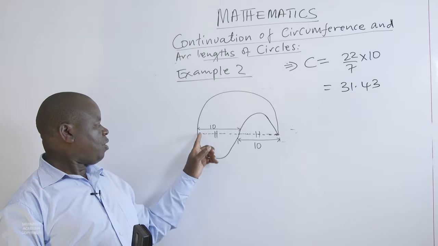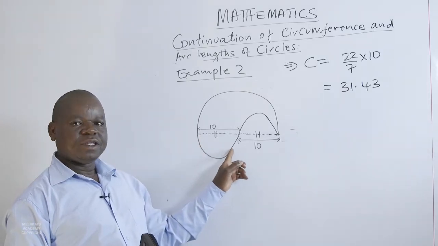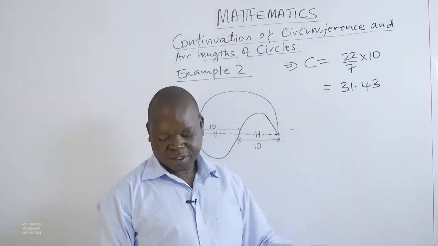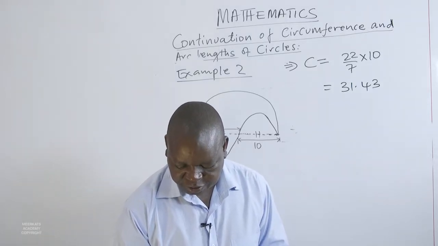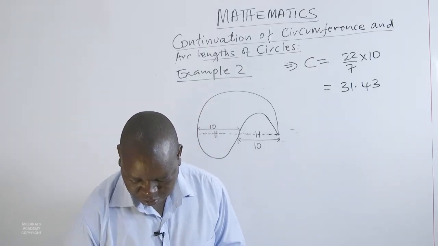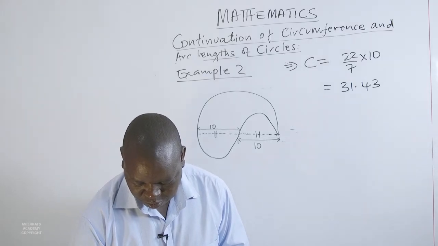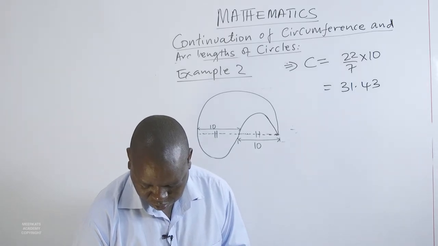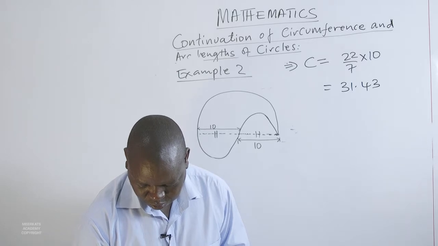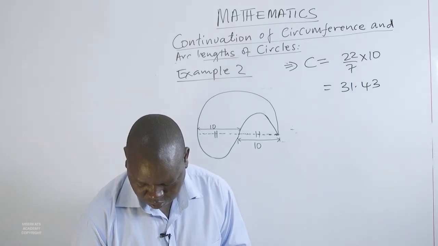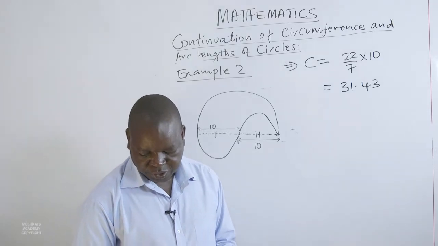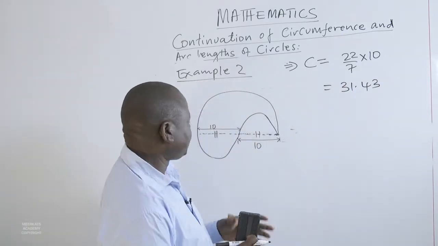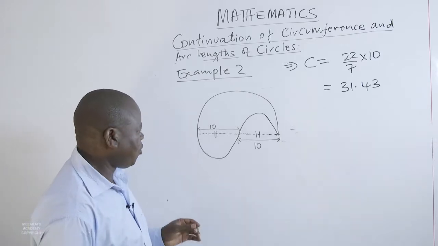So for the perimeter of the lower semicircle here, this plus that, the length is 31.43. And the other one was 62.86. So you do summation. Let's now start the journey of adding.